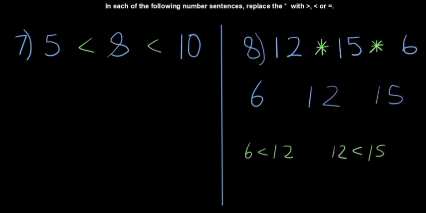So again, a 12 is a number in between 6 and a 15. So we just write this symbol here and the other one here. So this reads 12 is in between 6 and 15, which is correct.